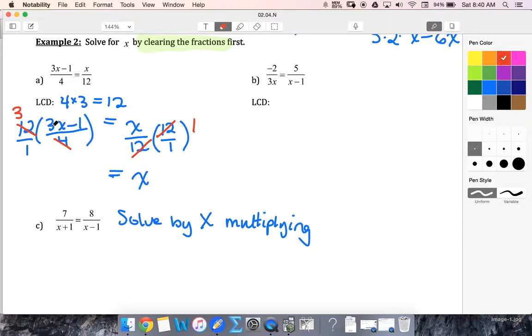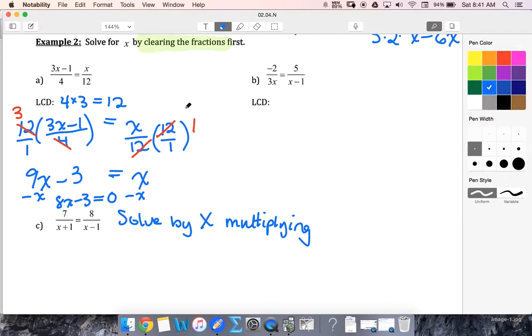Now I'm going to multiply out. I'm going to distribute the 3 and get 9x minus 3. So make sure you distribute everywhere. I'm going to solve this like normal. So I'm going to subtract x to this side, and that's going to give me 8x minus 3 equals x minus x is 0.